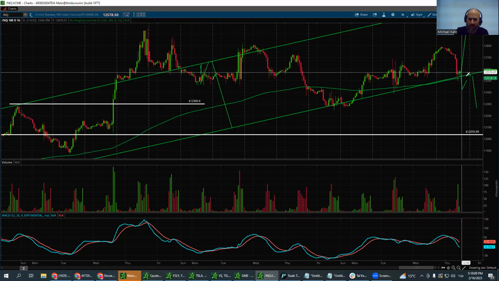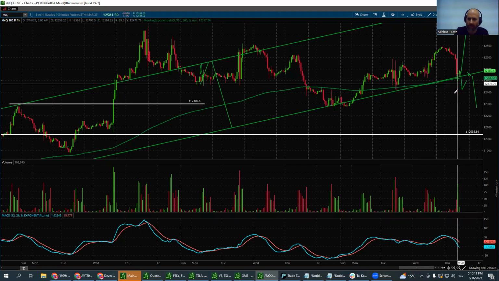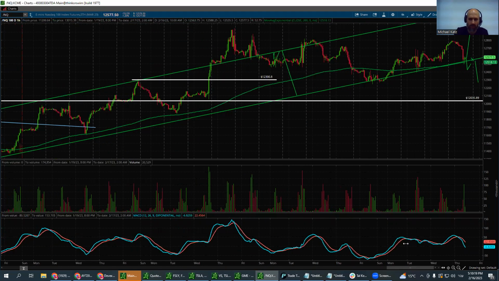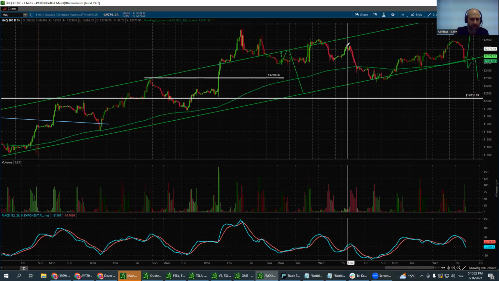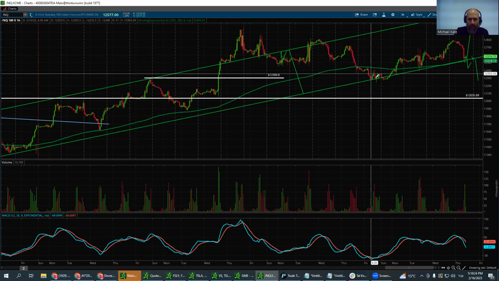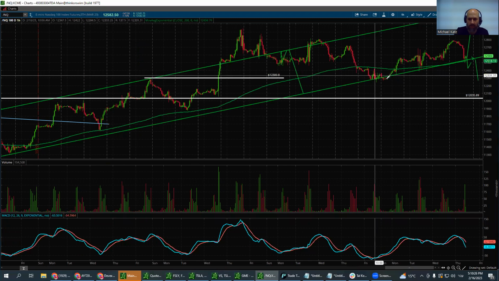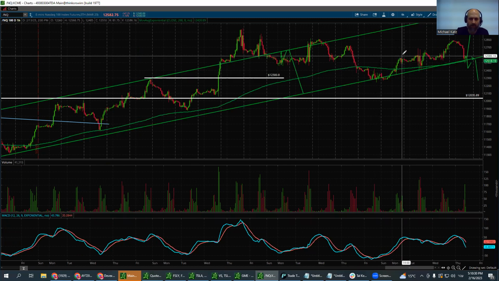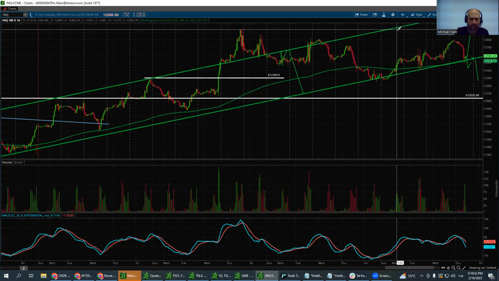Now, the reason it looks a little bit better than the previous option, meaning going up, is that we are getting a bit weaker as buyers coming in. You can see that when we dropped, buyers held it, pushed the price higher, but didn't do a lot of movement to the upside.